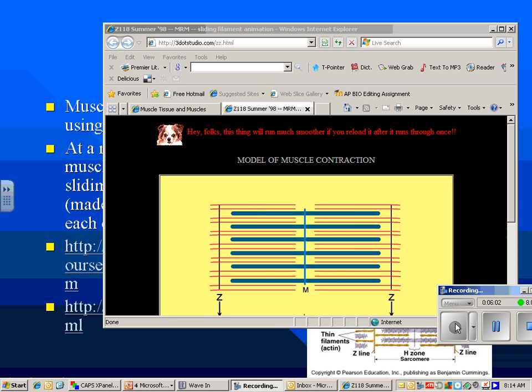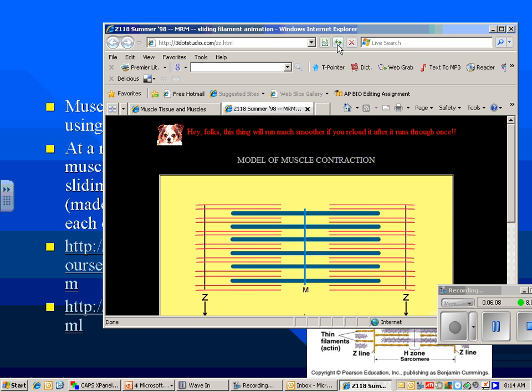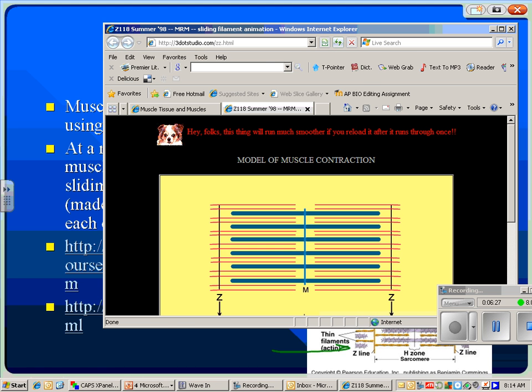These are the little fibers, and they get pulled together. If I refresh the page and make it play again, those little fibers get pulled together, and that shortens the muscle. We're looking at these fibers right down at the bottom right below the animation here. Okay, it's talking about these fibers right here.